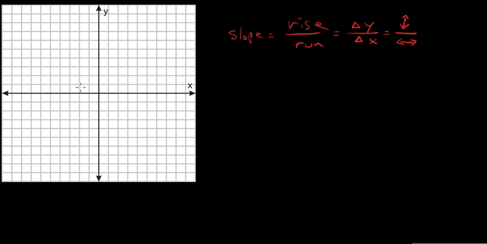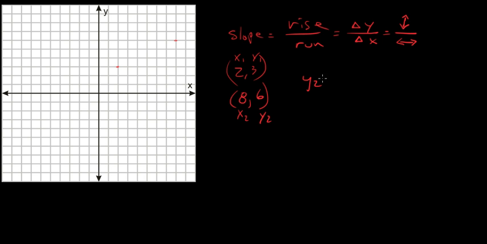So let's talk about that. We've got a point here at 2, 3 and a point here at 8, 6. This is x1, y1, x2, y2.